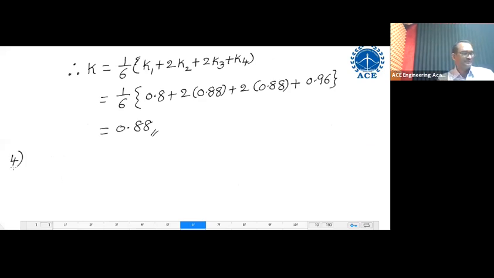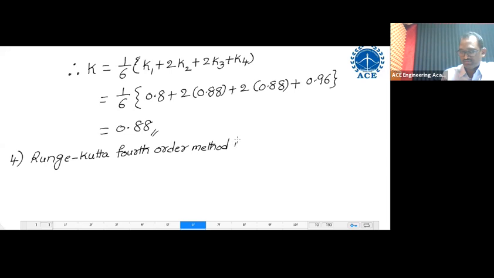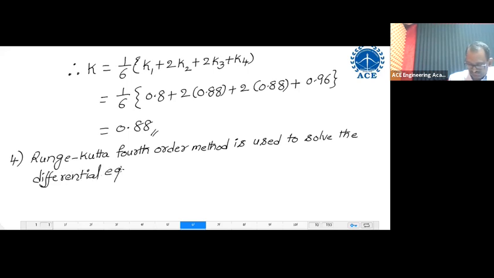Note this and try yourself. Runge-Kutta fourth order method is used to solve the differential equation dy by dx is equal to y minus x.